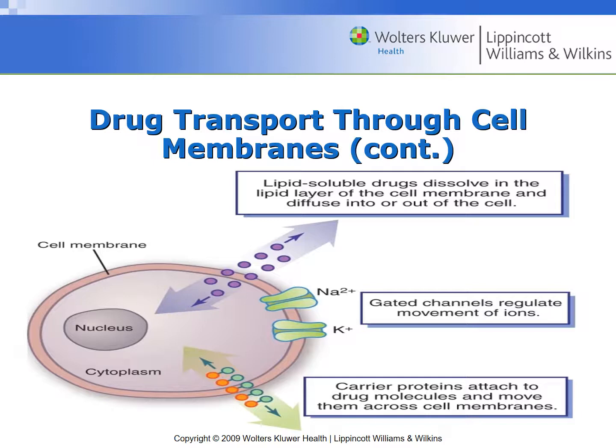So remember that cell membranes are primarily lipid, and so medicines that are lipid soluble, meaning they're fat soluble substances, can enter a cell by just dissolving right into that membrane, and it diffuses directly through it. And that's a good thing.